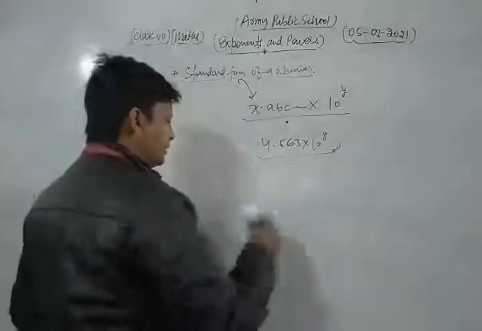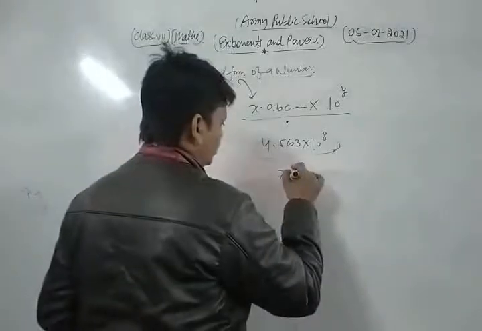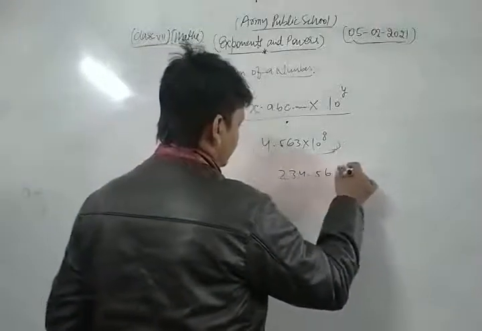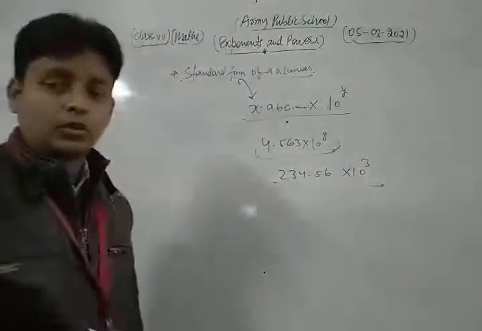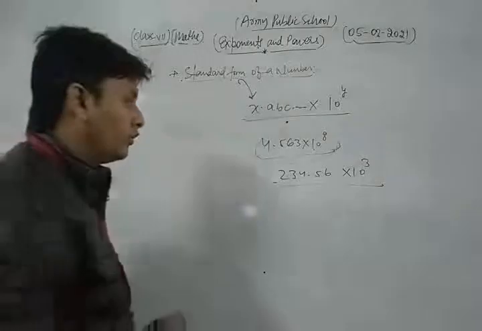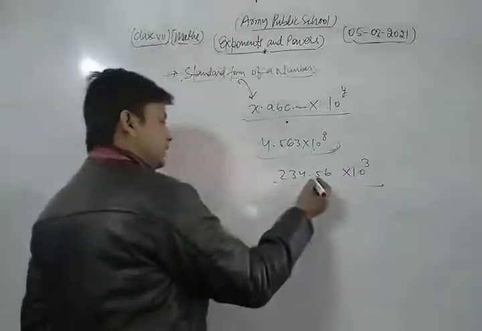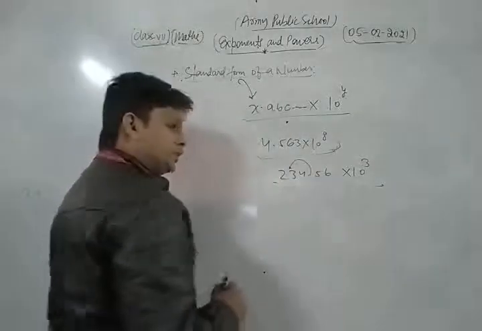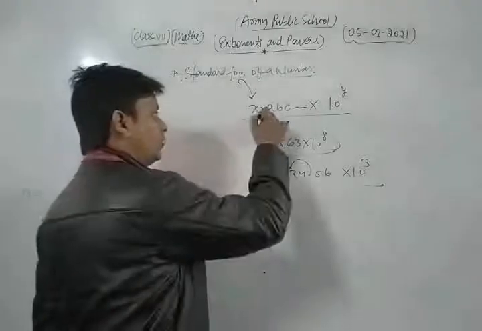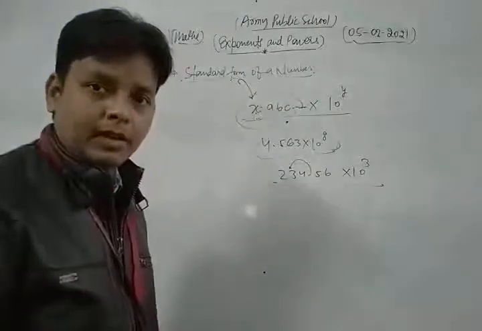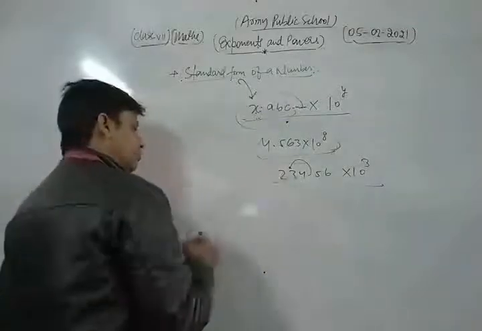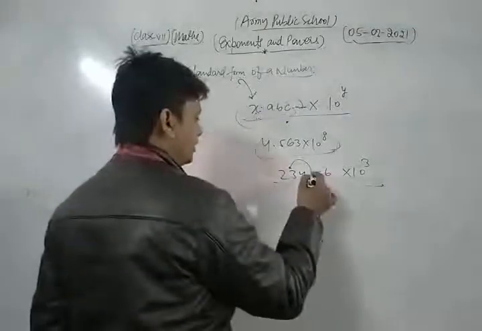So if we represent 234.6 into 10 to the power 3 in standard form, what do we do, dear students? We move the decimal 2 positions left, because in standard form there is only one digit on the left side of the decimal.